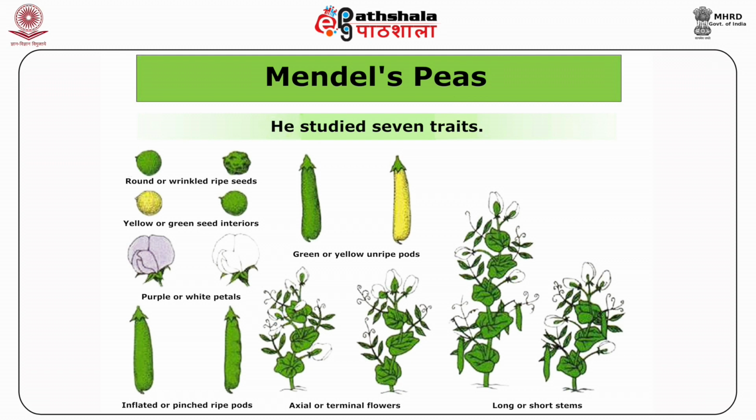Next, seed shape, that is smooth and wrinkled. Pod color, green and yellow. Pod shape, inflated and pinched. Stem height, tall and short. And flower position, that is axial and terminal.